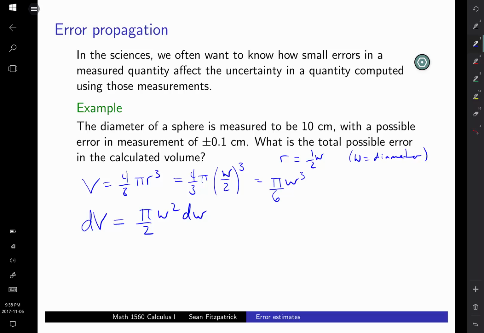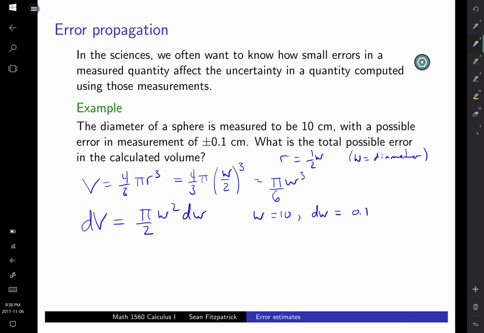Now, the possible error in our measurement is plus or minus 0.1. So if w changes by 0.1, we have w is 10, and dw is the possible change in w. If we were actually off by 0.1, how much would that change our measured volume?